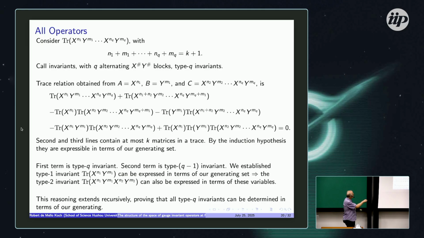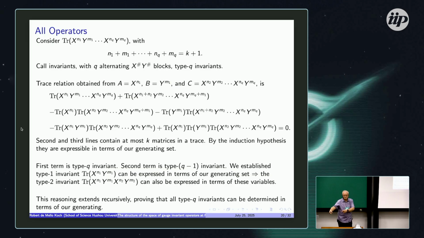So you've got a type q invariant, a type q minus 1 invariant, and then on these second two lines of the trace relation, everything has k or fewer matrices inside the trace. So the second two lines of this trace relation, by the induction hypothesis, can be written as polynomials in the primary invariants. I can work out the type 0 invariants, and I can work out the type 1 invariant.